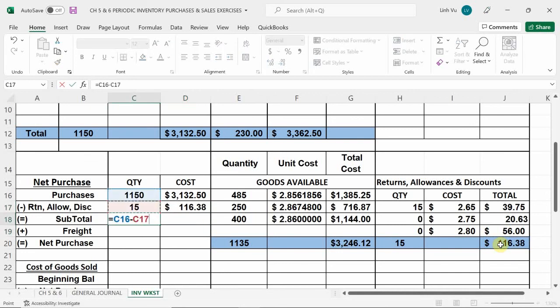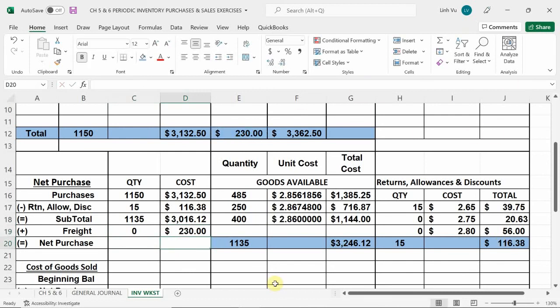So I have 1,135 units left at a total cost of $3,016.12. But freight doesn't add to quantity, it adds to total cost. So I also need to add in my freight to get me a grand total of $3,246.12, which is my total goods available.